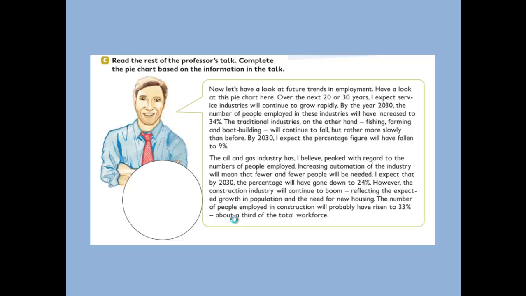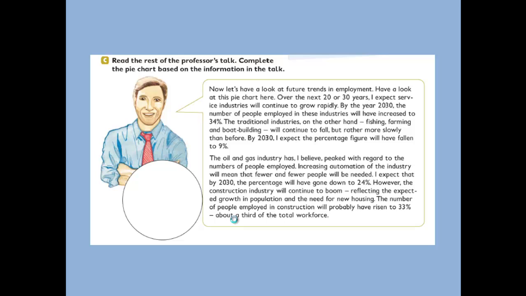The oil and gas industry has, I believe, peaked with regard to the numbers of people employed. Increasing automation of the industry will mean that fewer and fewer people will be needed. I expect that by 2030, the percentage will have gone down to 24%.